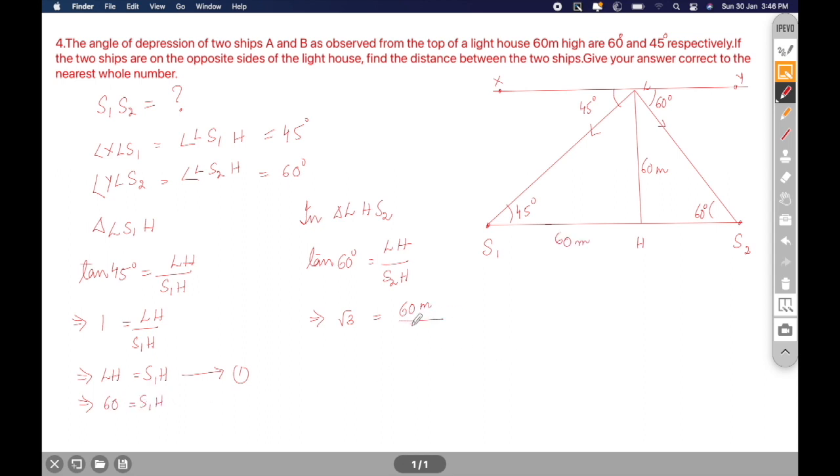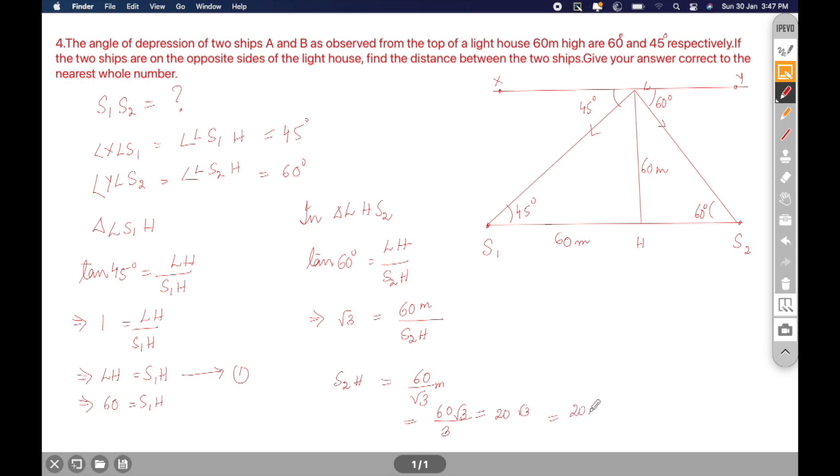Now S2H to be found out. So S2H is 60 by root 3 meter. Let us rationalize the denominator. So here it is 60 by 3 into root 3, that gives us 20 root 3.